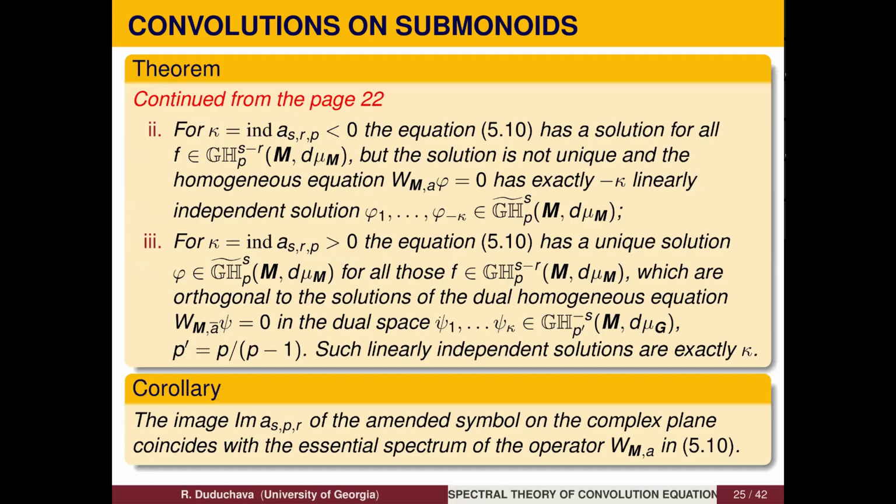If the index is negative, then the equation has a solution for any right-hand side, but the homogeneous equation, W_φ equal to 0, has exactly minus kappa solutions, so the solution is not unique.